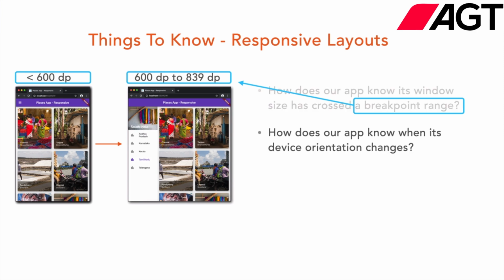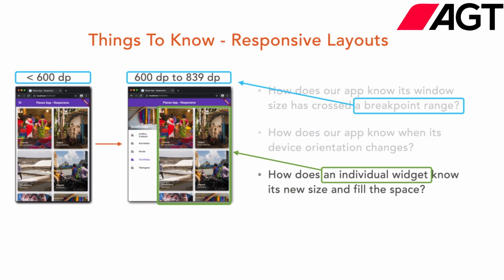Another thing to know is how our app knows the device has changed its orientation from portrait to landscape or landscape to portrait so that our layout can be adjusted accordingly. And the third important thing is how an individual widget on the app screen knows that it has new larger space available and can fill the space.